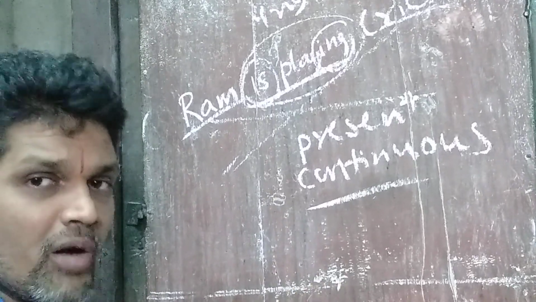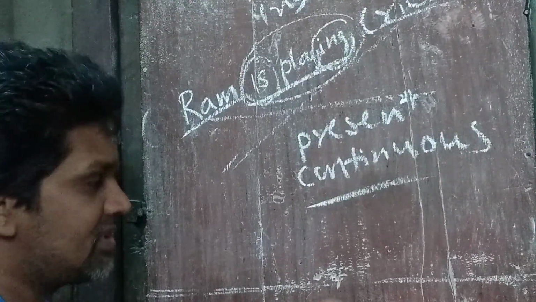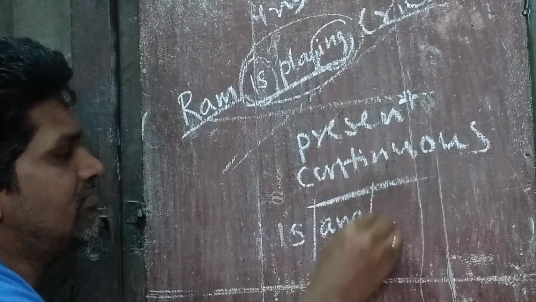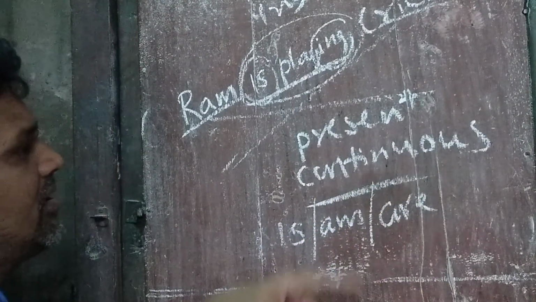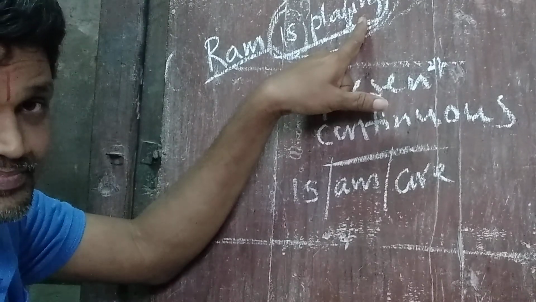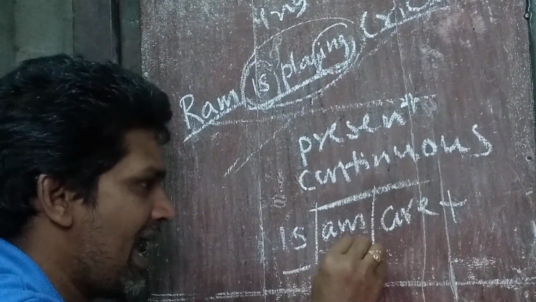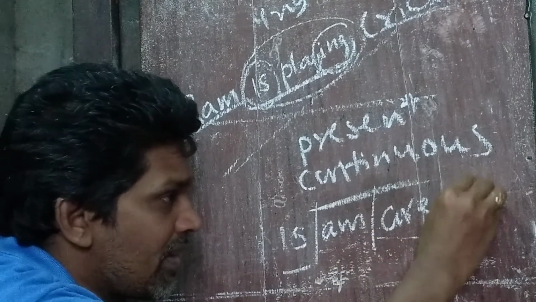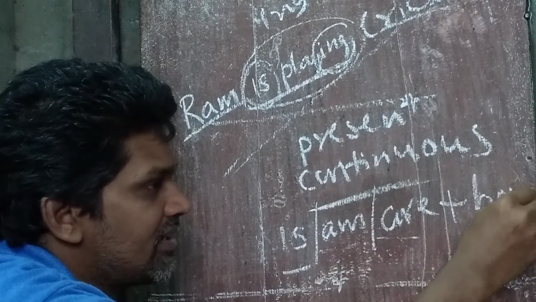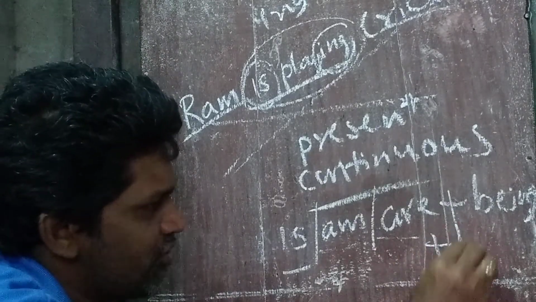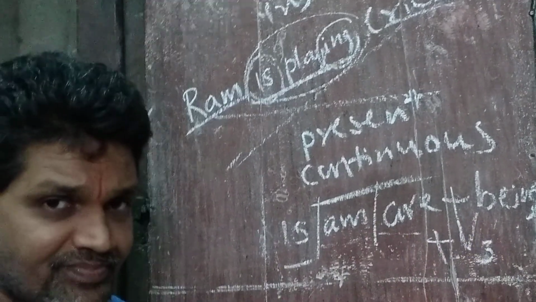So now what is the formula for it? What is the rule for it? Same rule. Is, am, are. Here ing form is there. So here also we should write is or am or are plus being, being plus as usual V3 form.